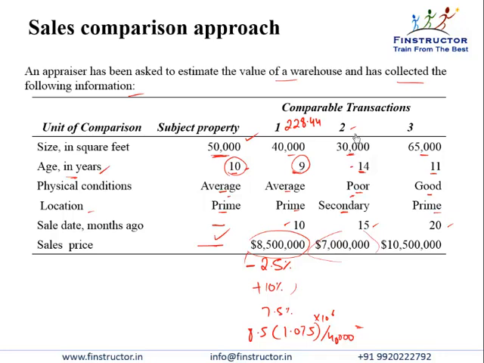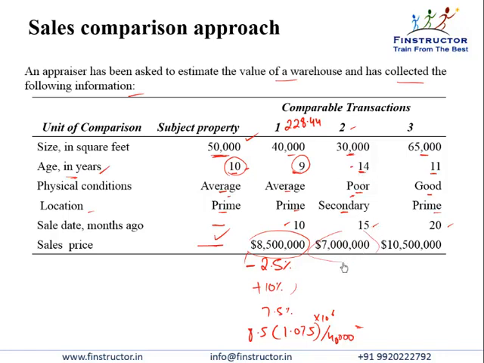Similarly, let's compute the price from comparable 2. Comparable 2 has an unadjusted sale price of $7 million. Let's apply the adjustments in a similar manner. This property, however, is 14 years old. So it's 4 years older than our property.